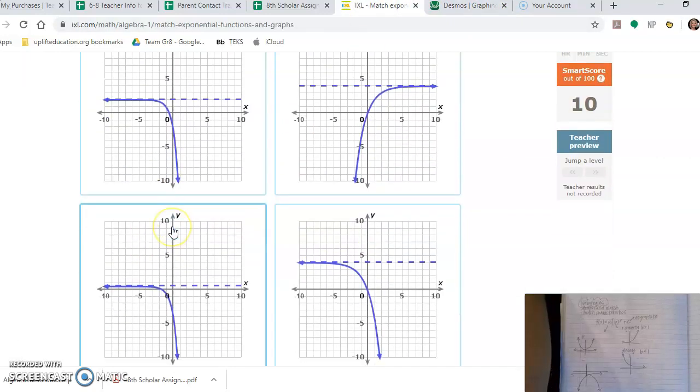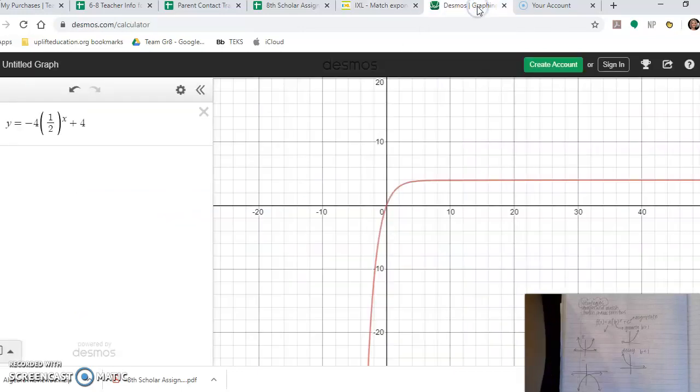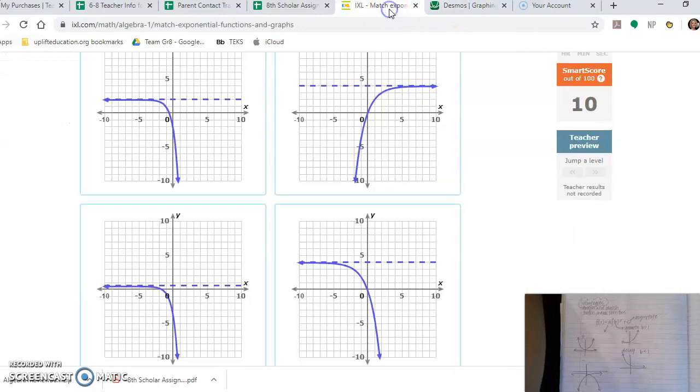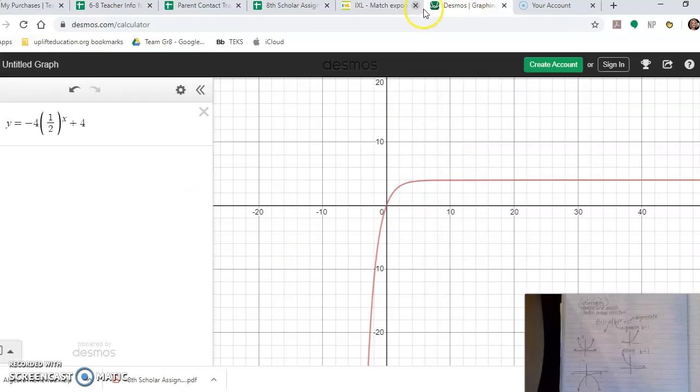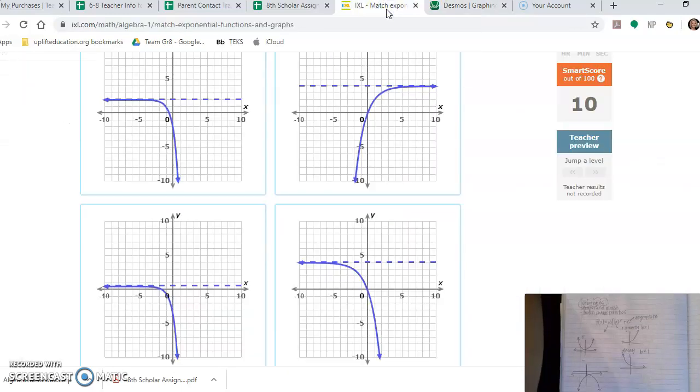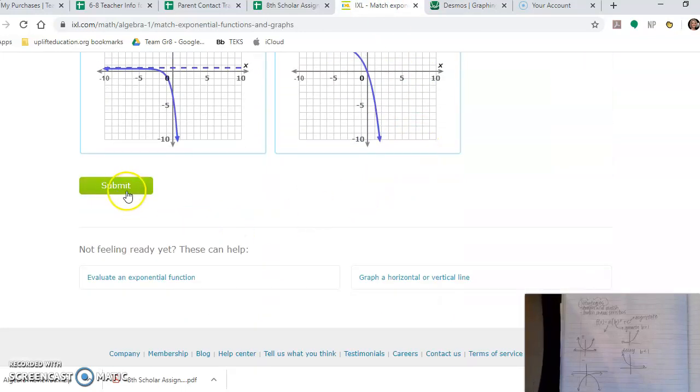I can eliminate this one. I can eliminate this one. And it's going to be this one, the one that looks the most like it.